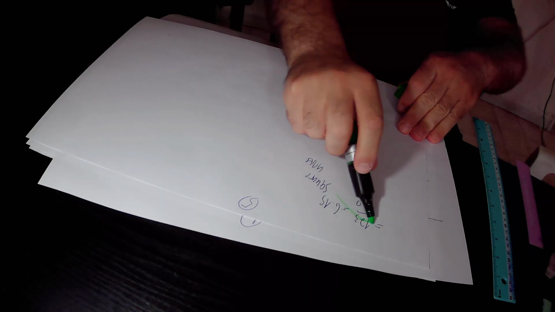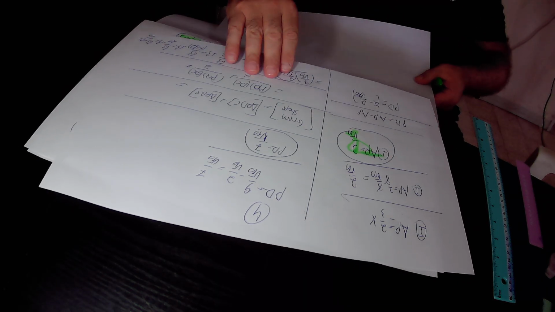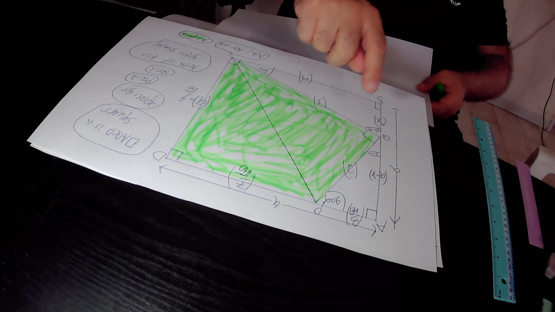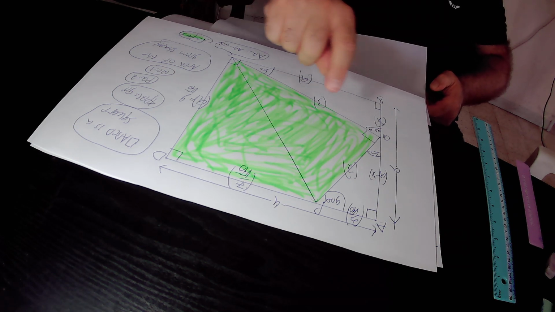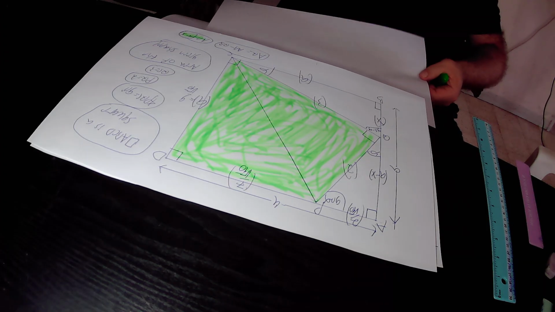So the area of this green shape is equal to either 123 over 20 square units, or in terms of numbers, 6.15 square units. We finished with the first question.